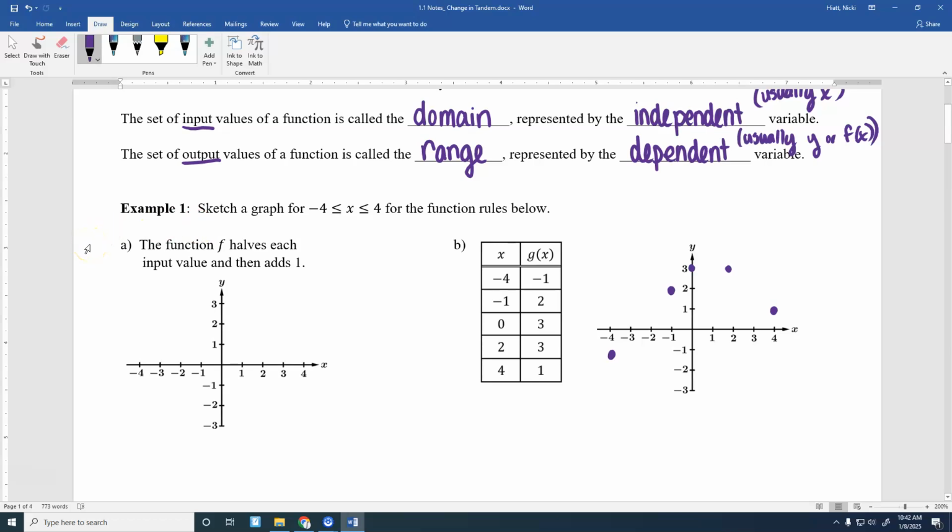For A, they gave us the equation in words instead of giving it to us in symbols. One big thing that AP likes to focus on, and it's really good for your mathematical understanding, is multiple representations of math. Because whenever you're talking about math, there are lots of ways we can represent it.